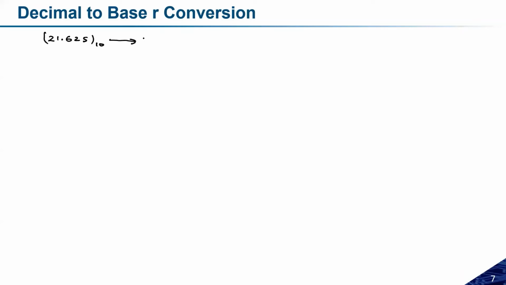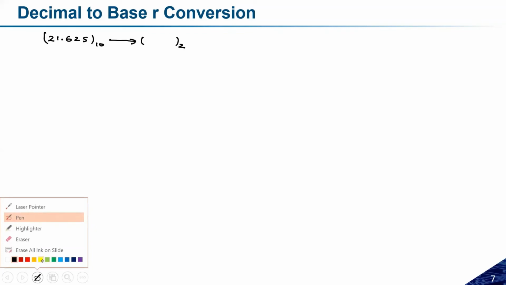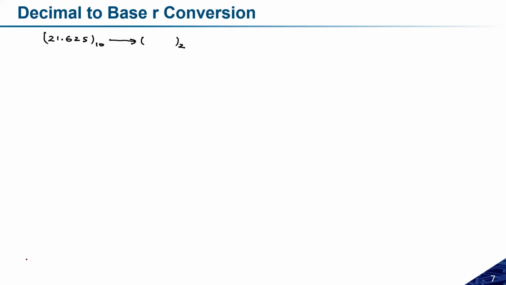This number has both parts, the integer part as well as the fractional part. So individually we have to process both parts. Let us first process the integer part. How can we do that?